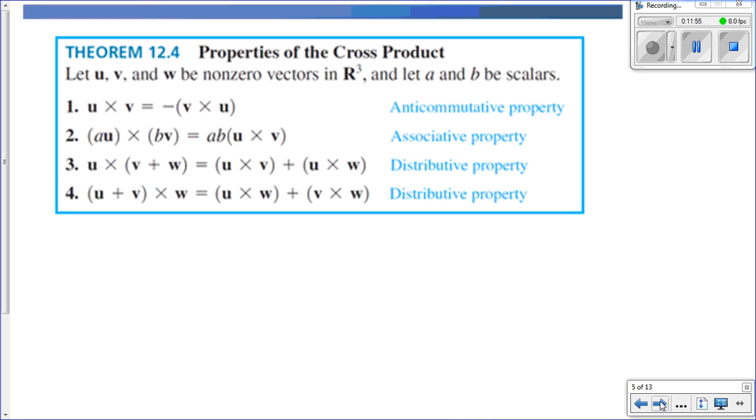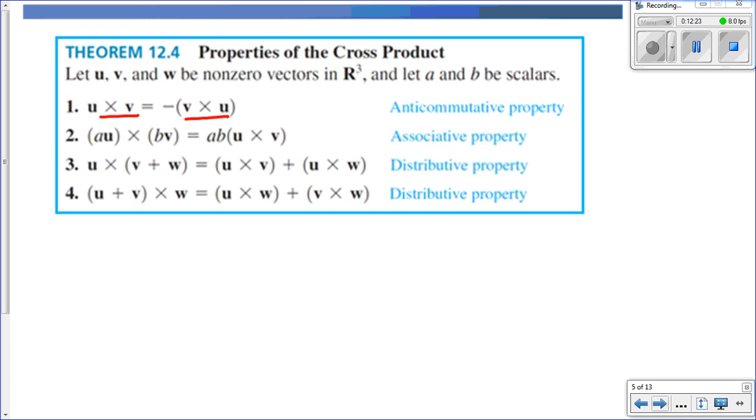Now these are some properties of the cross product. First, if you find u cross v, it ends up being just the negative of v cross u. So you don't have a commutative property for cross products. You can't just reverse them. It actually reverses the direction that the cross product goes in.